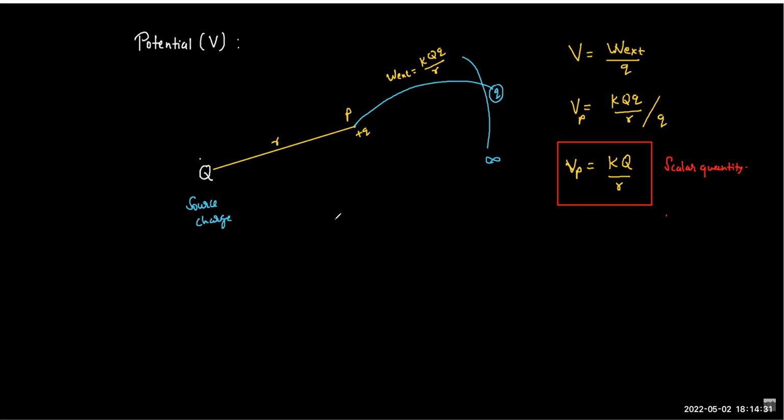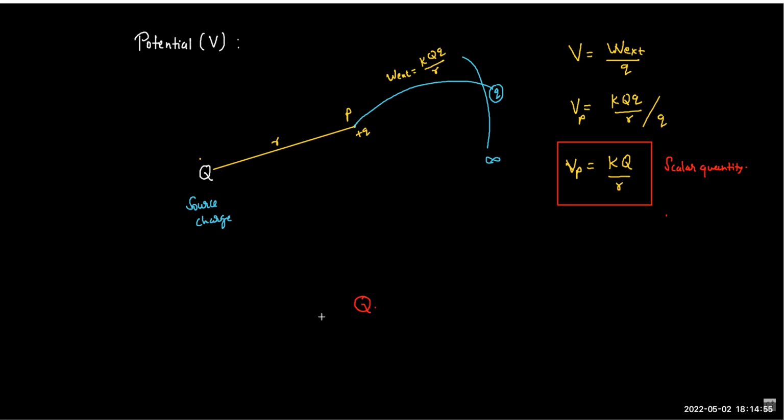If you try to capture every point at the same distance from Q, then what will we get? At every point at the distance r from Q, it will be KQ by r only. So if I join all such points, then the shape turns out to be?